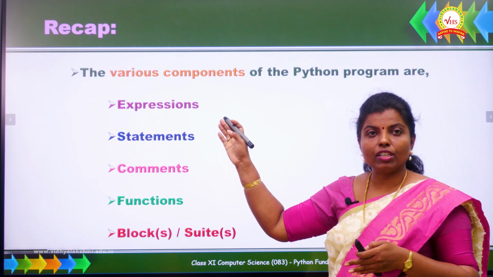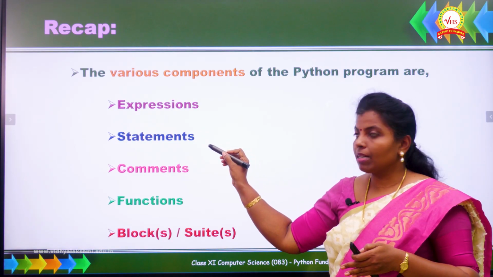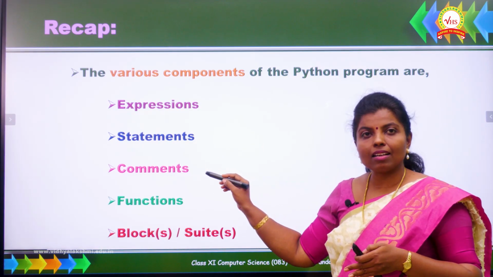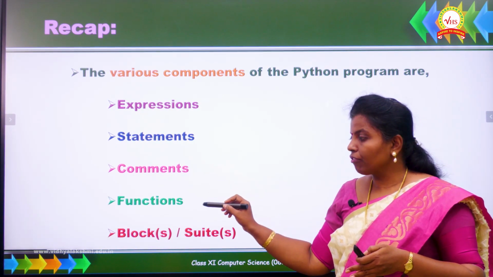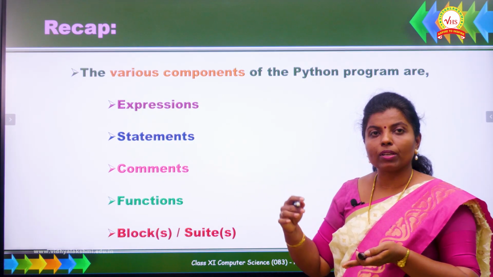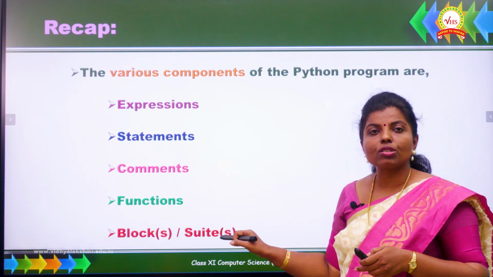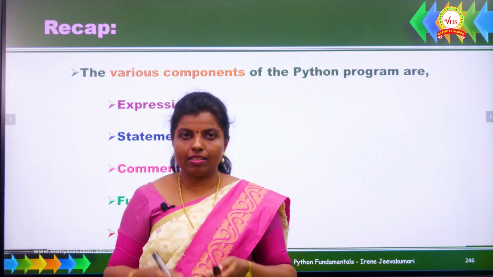Expressions are the valid combination of any symbols that represent a value. Statements are the instructions given through the program. Comments are the additional readable information given to the program. Functions are the sub-programs or sub-code units of a program. Block or suite are the set of statements which are part of other statements.